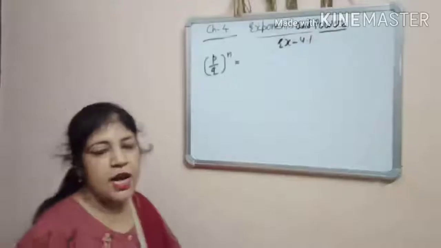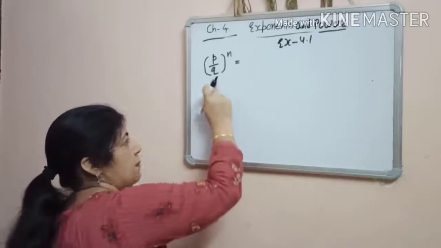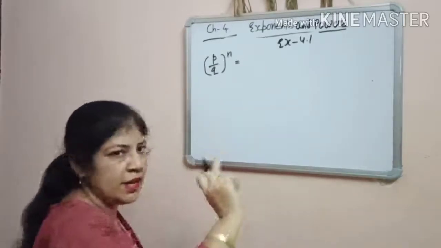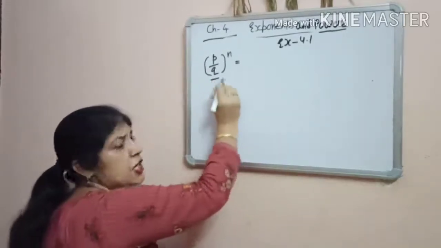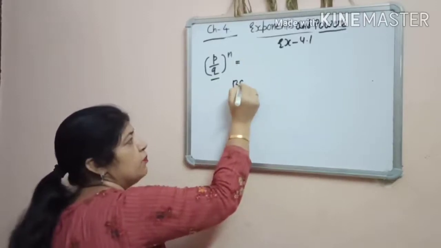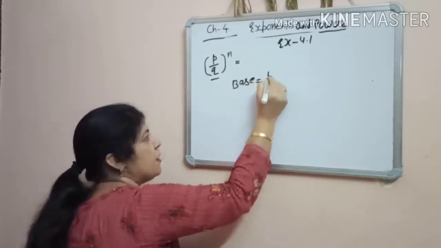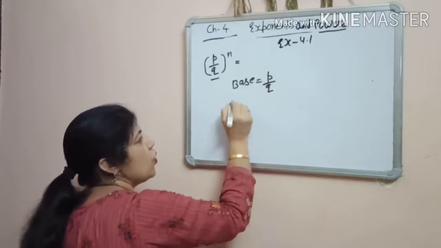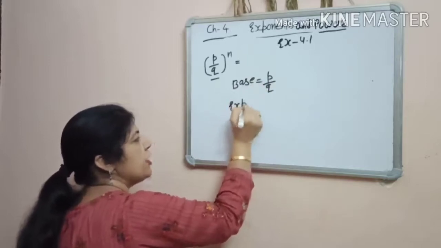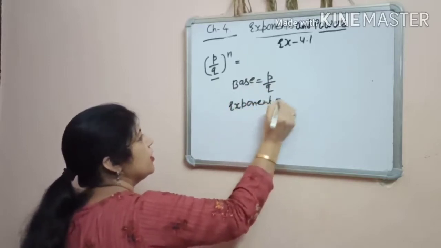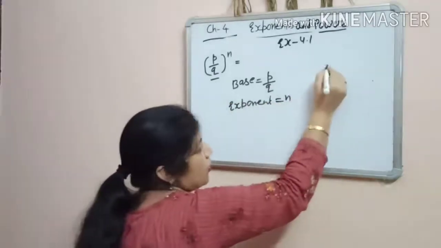Clear? And for any rational number like p by q raised to the power n, here base is p by q and power or exponent is n.